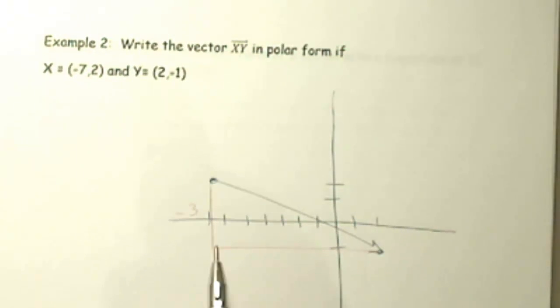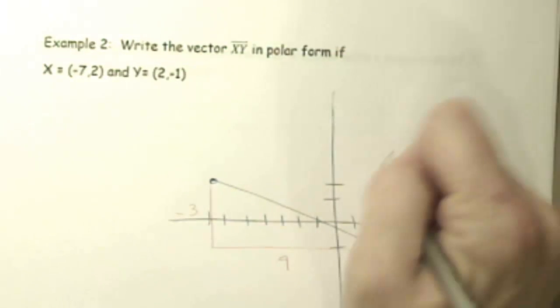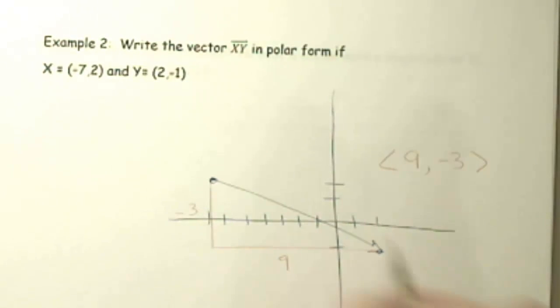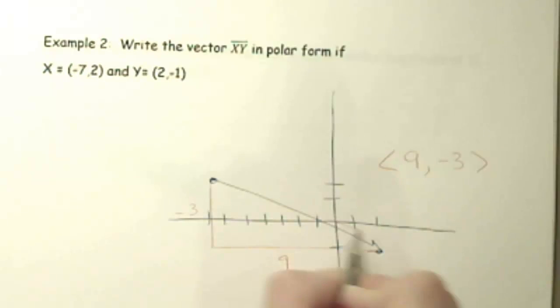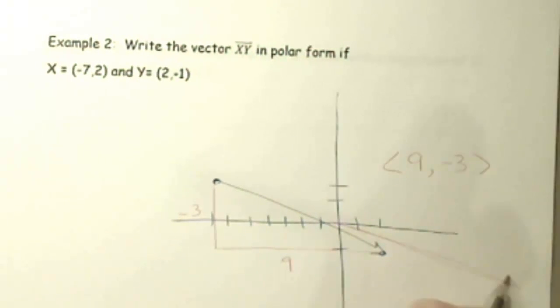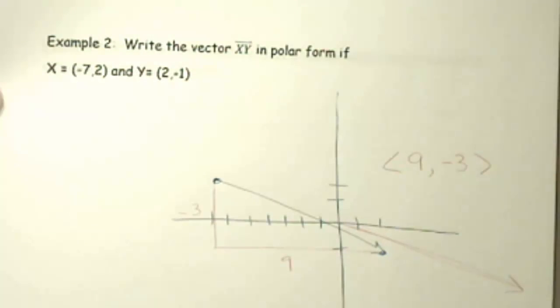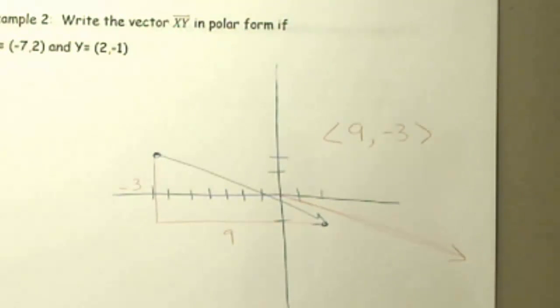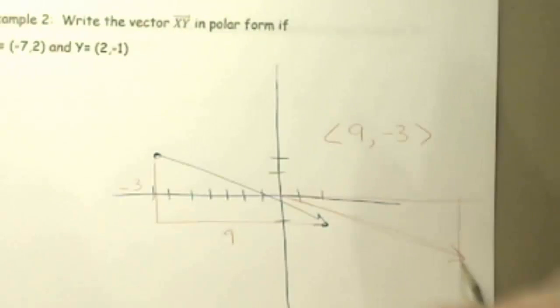It also goes from -7 to +2, which means it goes over 9, which means the vector right 9 down 3 is equivalent to that vector. If I go right 9 down 3, I will have a vector with the same direction and the same magnitude. So why don't I work with that vector and find its polar form, which would be equivalent to this one?